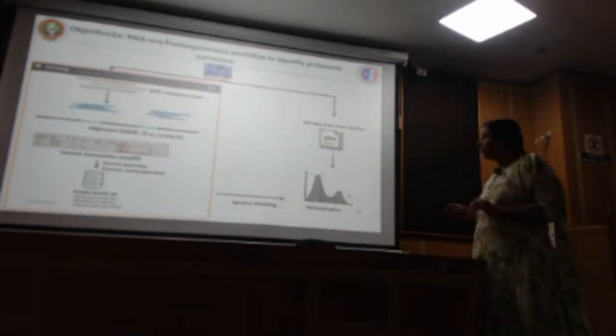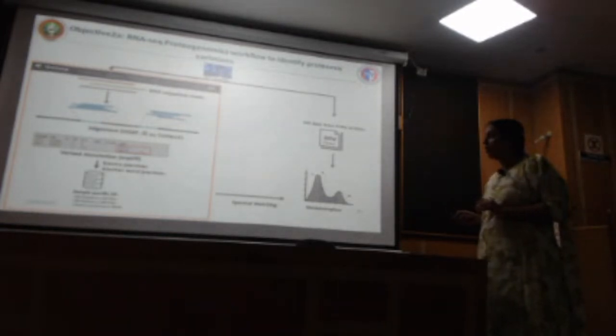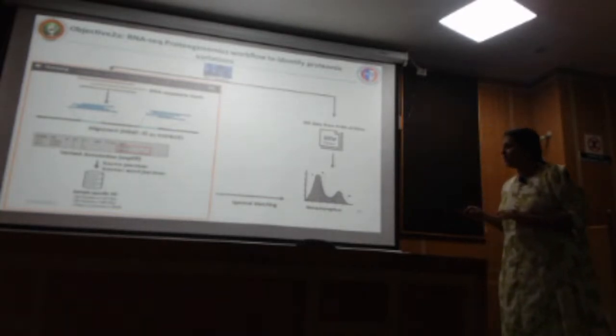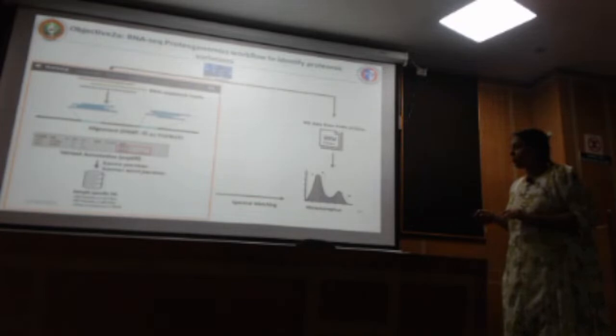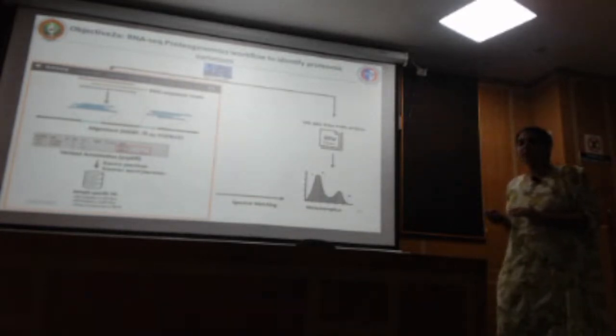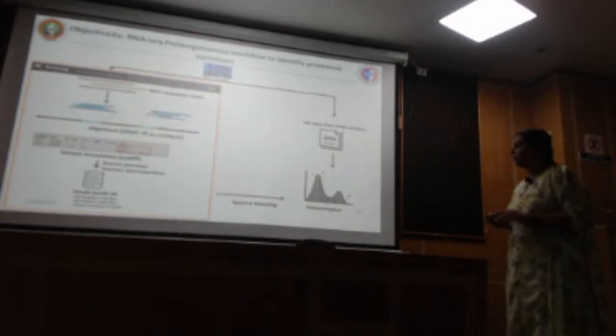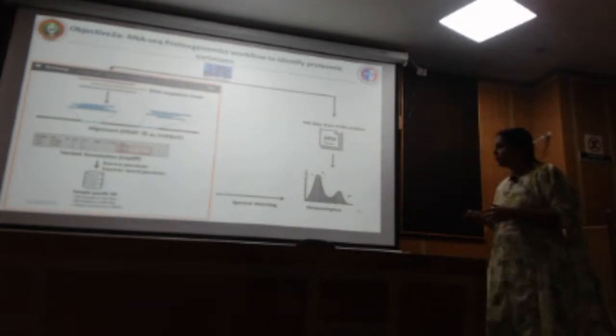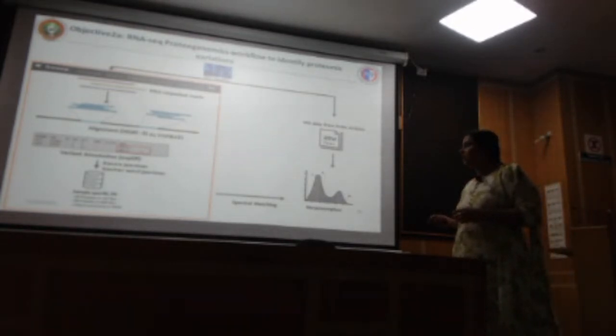HiSat was used to record SAP peptides, and TopHat alignment was used to record splice junction peptides. Once the alignment was done, we used a variant calling tool, and this was recorded in VCF files. So this was the first segment in our customized database.